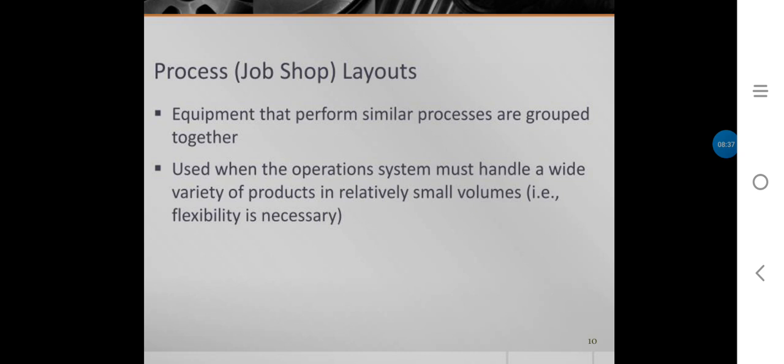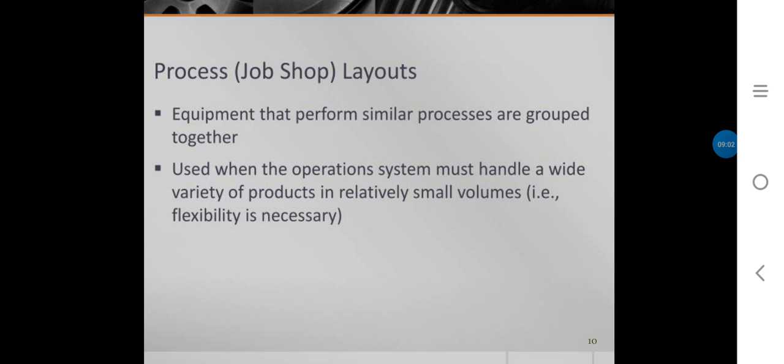The best example is the hospital. Normally a hospital has a number of units, radiology, cardiology, ICU, and operation units. So they have high variety and low volume.